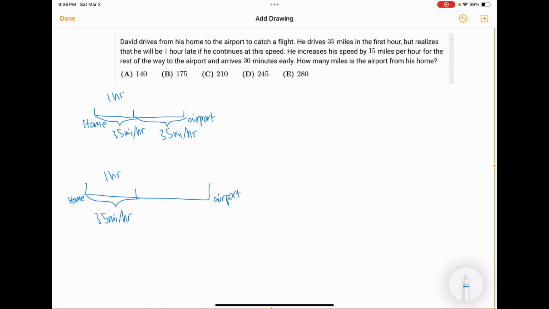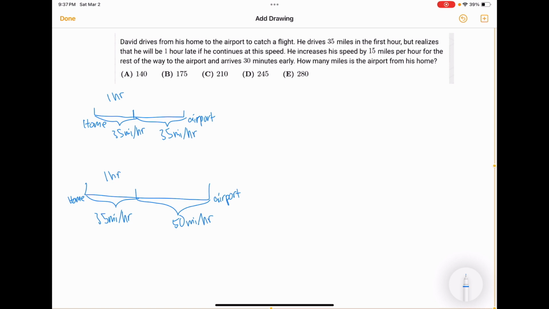But in the second scenario, he increases his speed by 15 miles per hour for the rest of the way. So that means it would be 35 plus 15, which is 50. So for the rest of the way, in the second scenario, his speed is 50 miles per hour, and he arrives 30 minutes early.